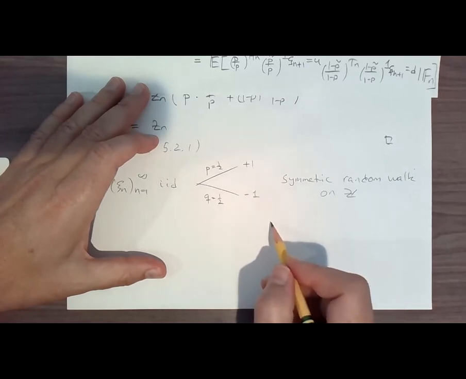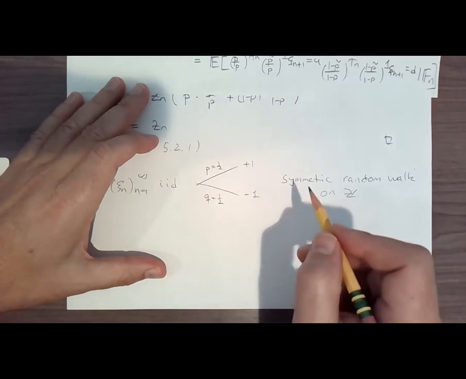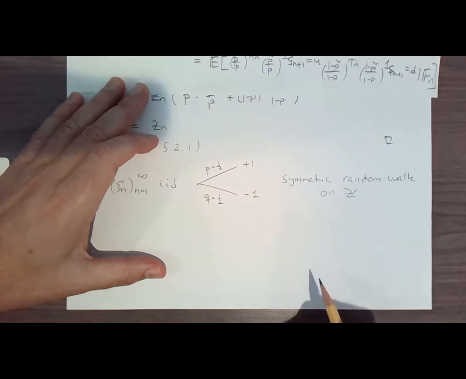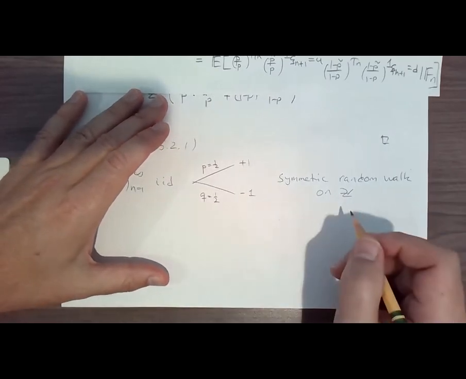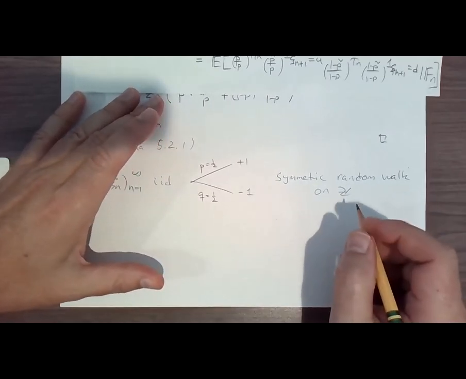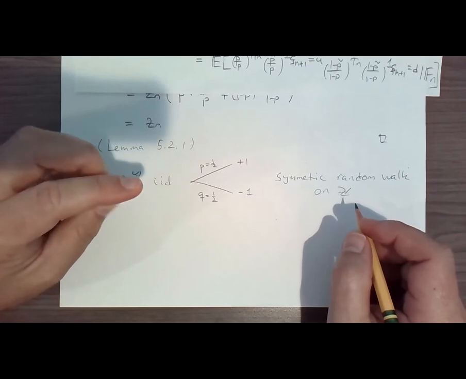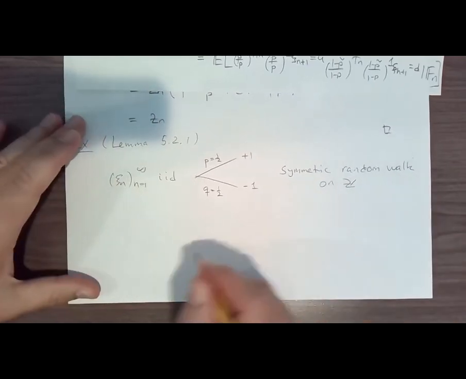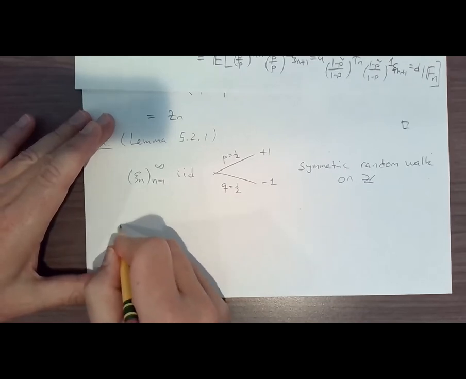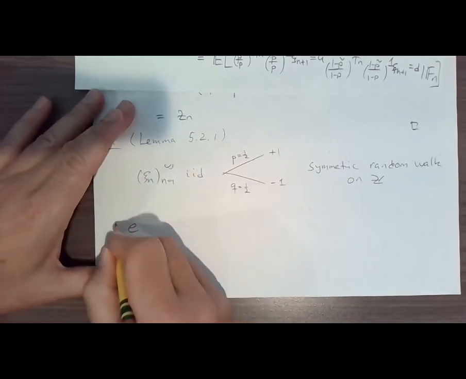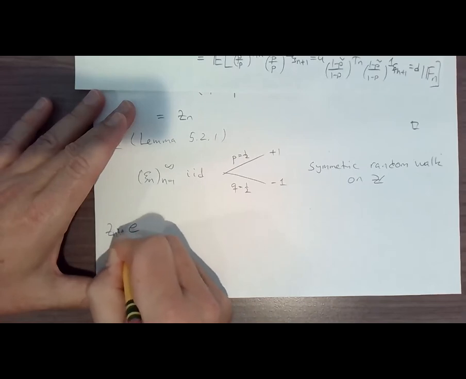Right, because it always goes up by 1 or goes down by 1. So if you start the process out at 0, it'll go either up to 1 or down to -1, then it'll continue. It'll always take values that are integers. The process in question this time is, so we just minus the n this time.